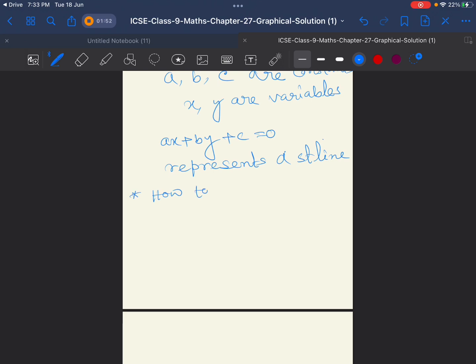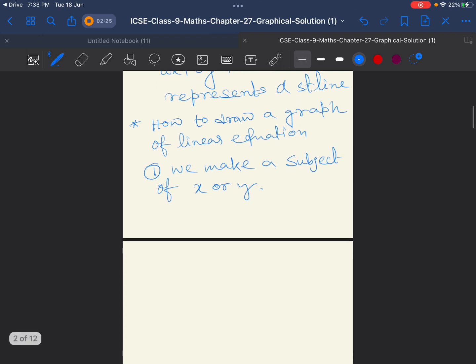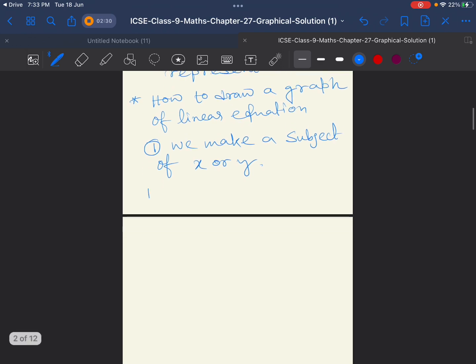Now we will know how to draw a graph of linear equation. First, we make a subject of x or y.